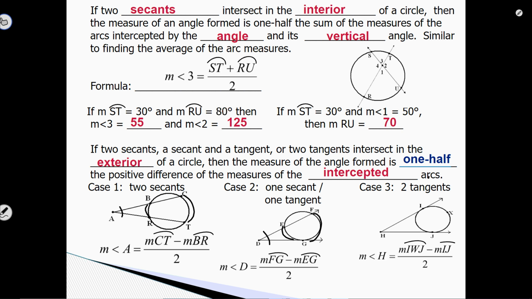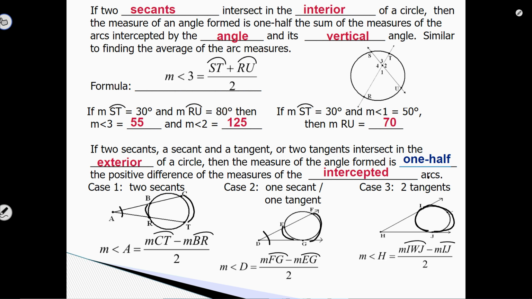All right, and the exact same thing if you have two tangents, all right? So I've got two tangent lines. The big arc goes all the way from I to J, and then the smaller arc goes also from I to J, but in the short direction, all right? So this would be a major arc over here.